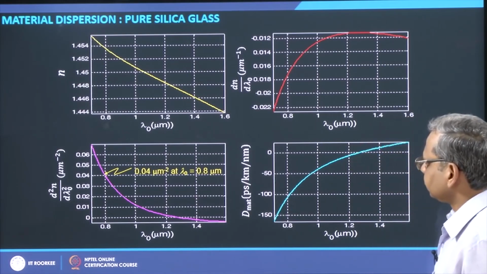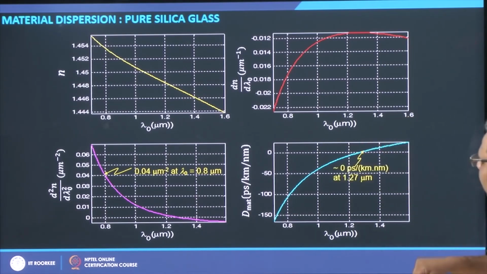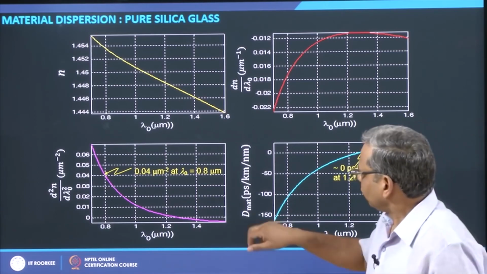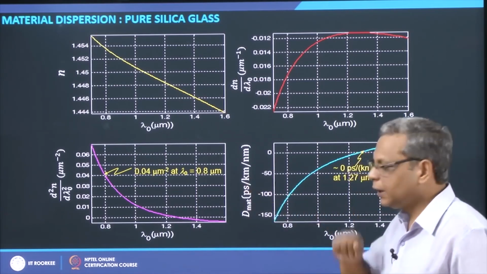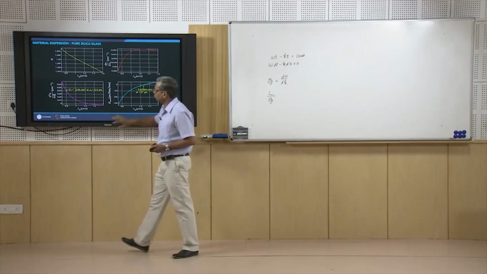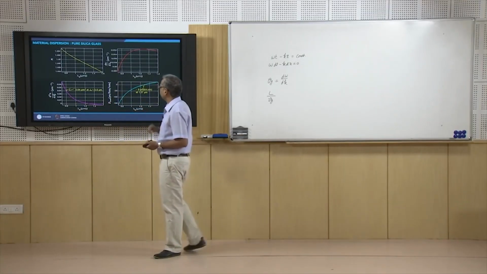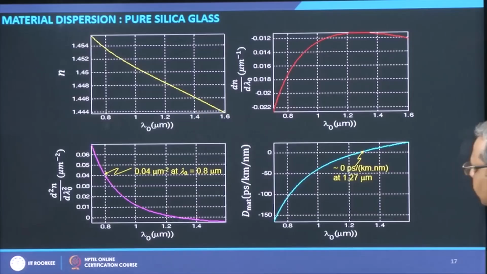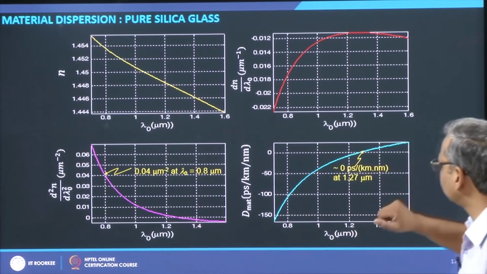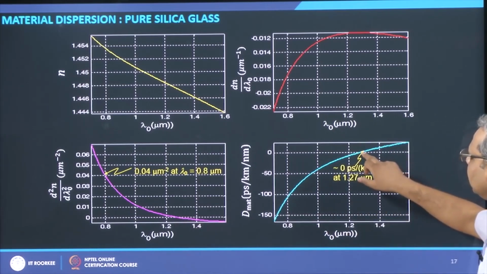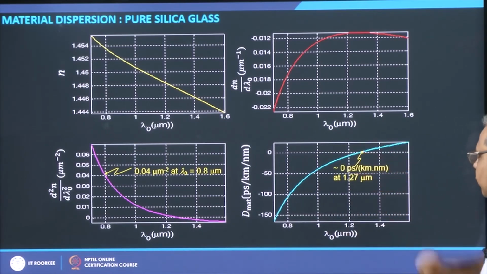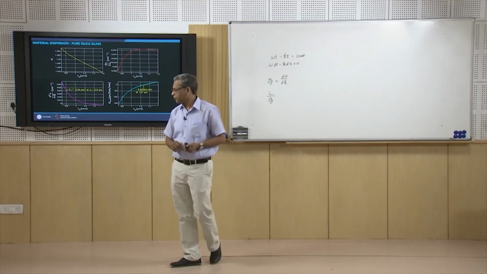And here if I plot this material dispersion coefficient using this in picoseconds per kilometer nanometer, then corresponding dmat goes something like this. And I find that since there is 0 crossing around this wavelength, material dispersion is 0 at this wavelength, and this wavelength is around 1.27 micrometer.